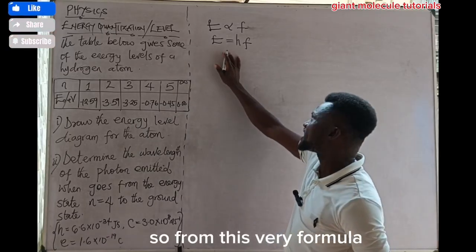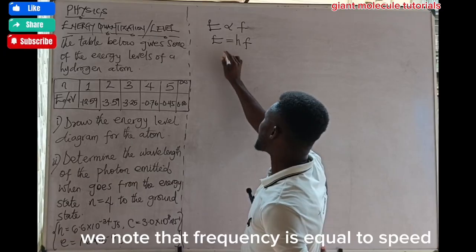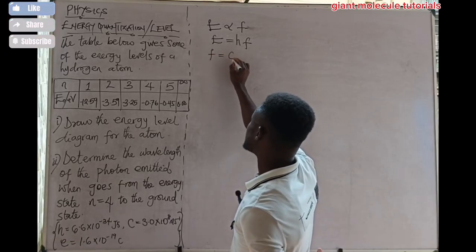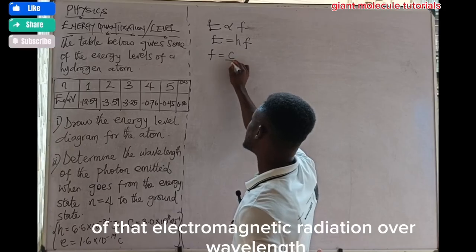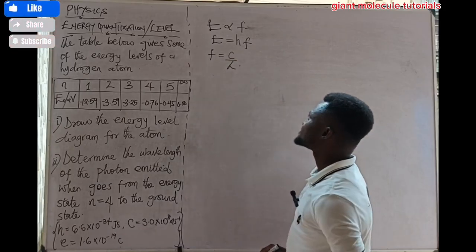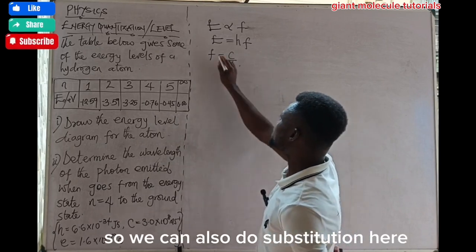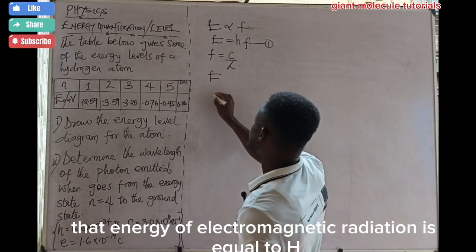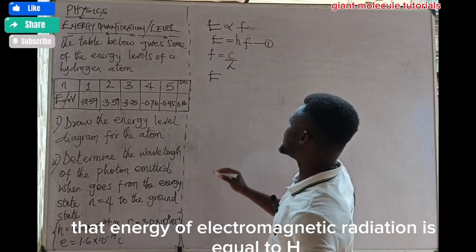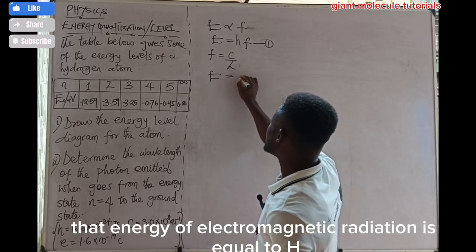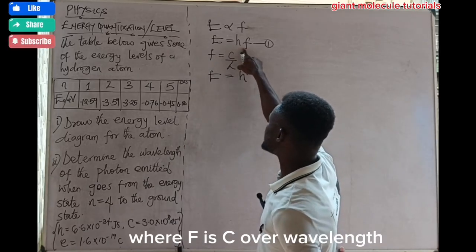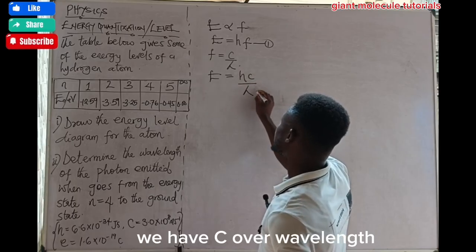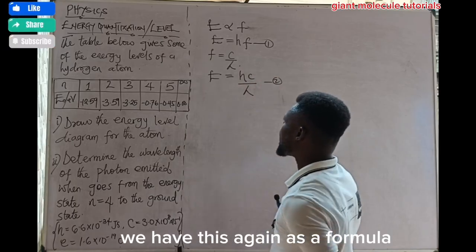From this formula, we note that frequency is equal to the speed of the electromagnetic radiation over wavelength. So we can also do a substitution: energy of electromagnetic radiation is equal to h, where f is c over wavelength, so E = hc/λ. We have this again as a formula.